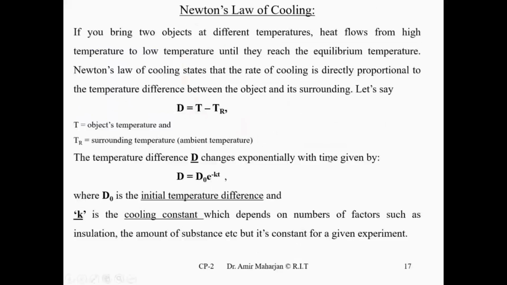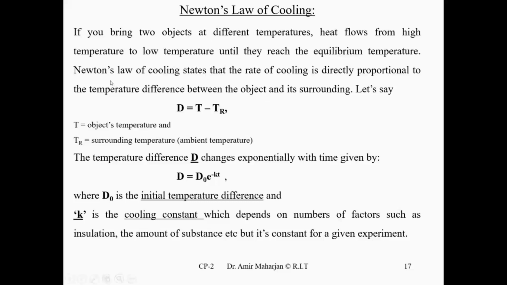Next is Newton's law of cooling, and we're going to use this idea in one of our labs, the cooling lab, that I will be assigning you soon. If you bring two objects at two different temperatures together, heat flows from the higher temperature object to the lower temperature object until there is thermal equilibrium. That's the universal principle, a very natural thing.